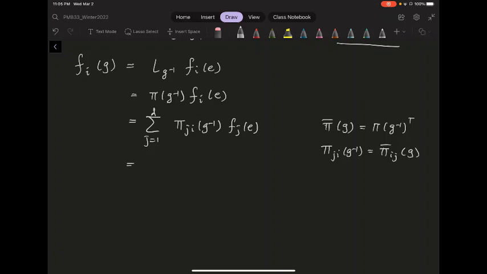So this becomes the summation over j going from 1 to d of Fj evaluated at the identity, multiplied by pi bar of ij evaluated at G, okay?